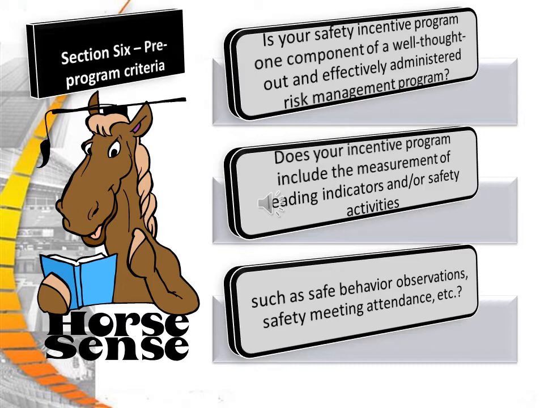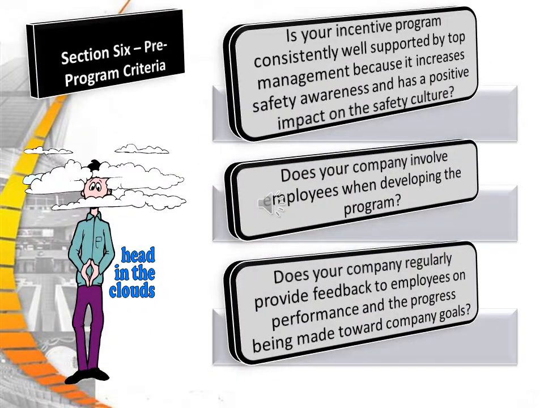Does your incentive program include the measurement of leading indicators and/or safety activities, such as safe behavior observations or safety meeting attendance? Is your incentive program consistently well supported by top management because it increases safety awareness and has a positive impact on safety culture? Does your company involve employees when developing the program?